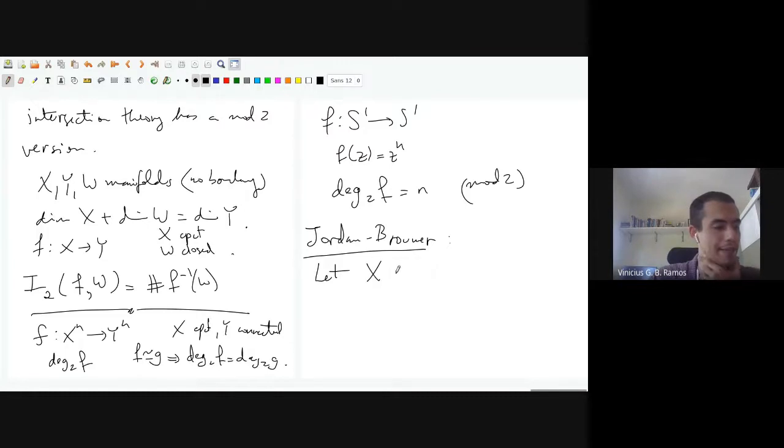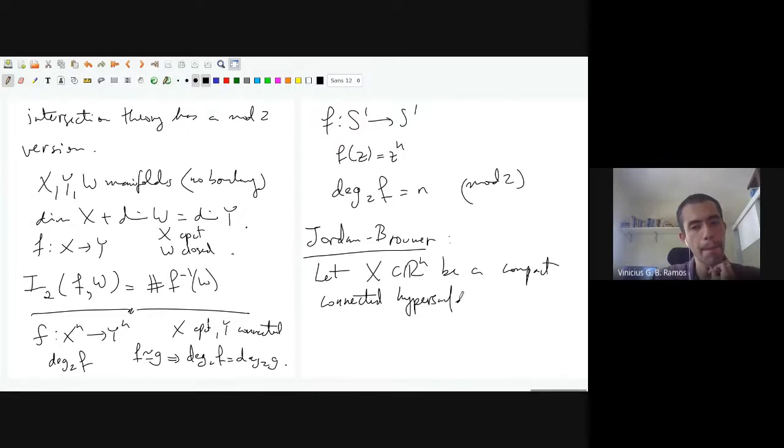So let X be a compact, connected hypersurface. Then basically X separates R^n into two pieces, two connected components: one bounded connected component and one unbounded connected component.